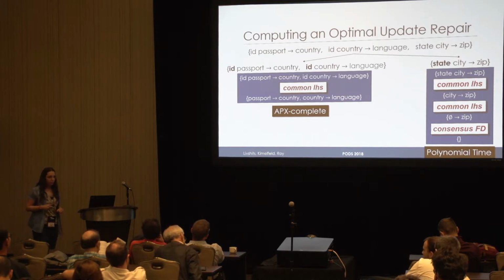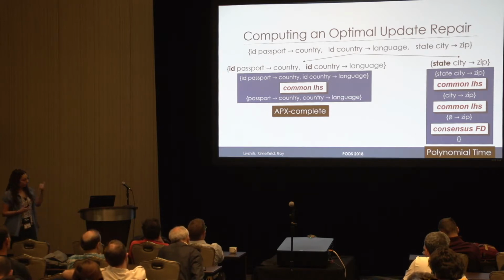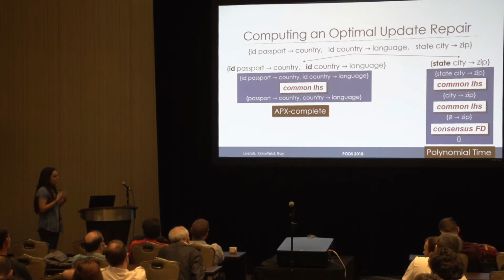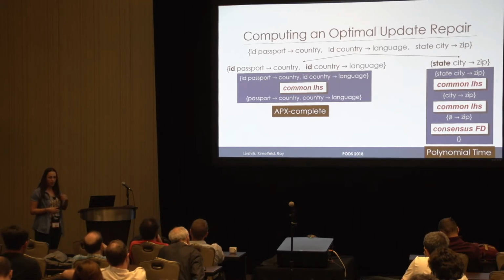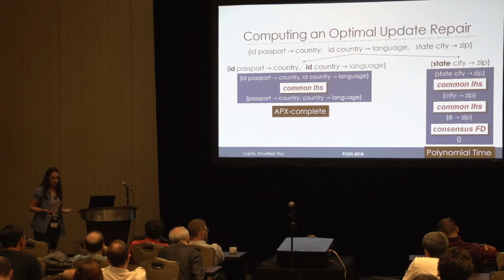So because the simplify algorithm will return false on this set of functional dependencies, we know that computing an optimal subset repair for this set is APX complete. And again, because we have a common LHS and the complexity is the same, we know that computing an optimal update repair is also APX complete. And so the original problem from the original set of functional dependencies is APX complete.